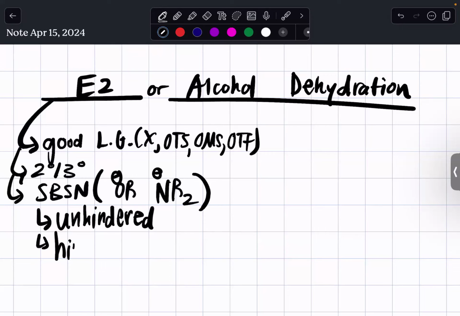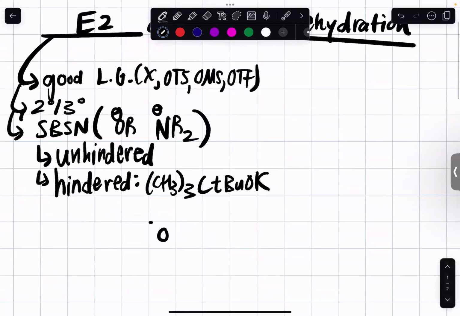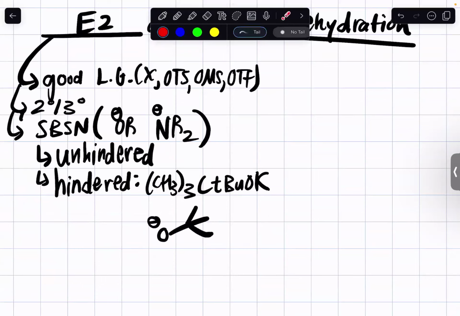And there are only two types of hindered strong bases that you need to know. Tert-butoxide, which Pascal writes as this, and it looks like this: oxygen with a negative charge and the tert-butyl group, or like a chicken leg kind of thing. This is very bulky.